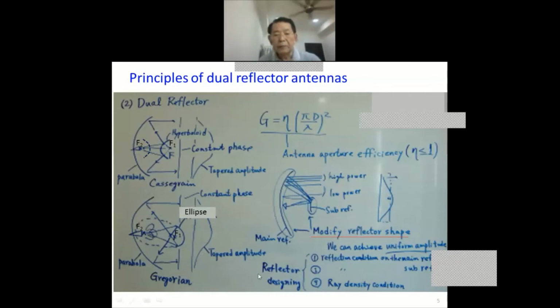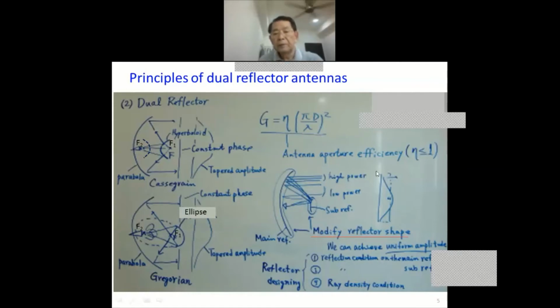This is the reflector shaping method. Uniform power distribution gives the highest gain. And this is the gain equation, where eta depends on the power taper.